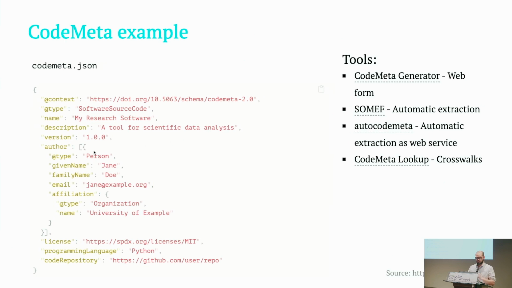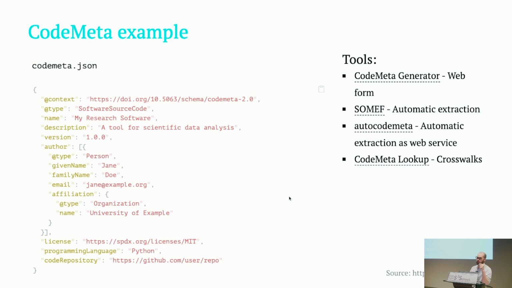So this is an example for CodeMeta to show you what it looks like. So you see here all the metadata. For example, an author is described with a name, email, affiliation. You can even have the ORCID, for example, in the format, license, etc. To produce this file, we have some tools available.